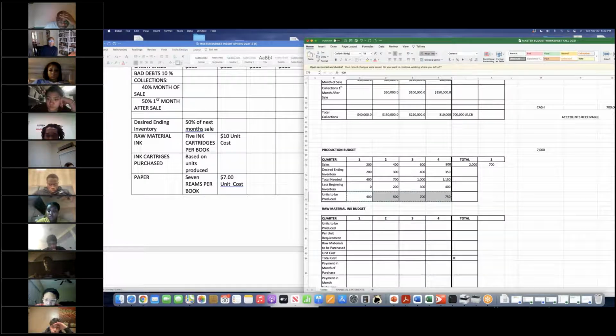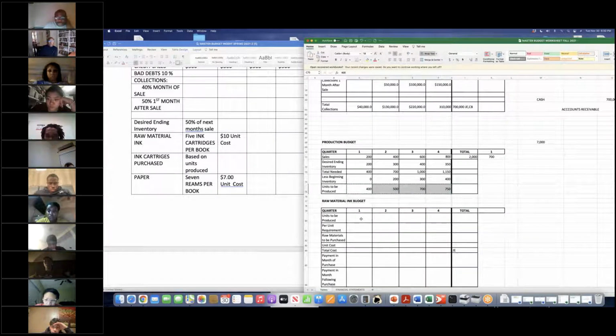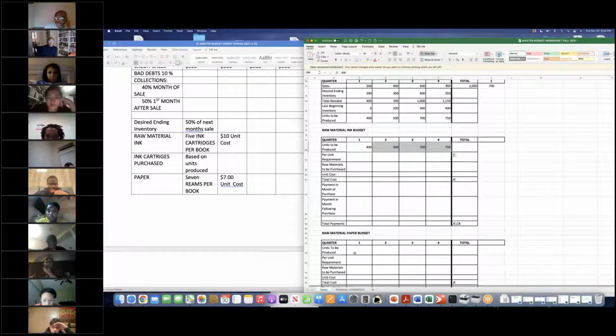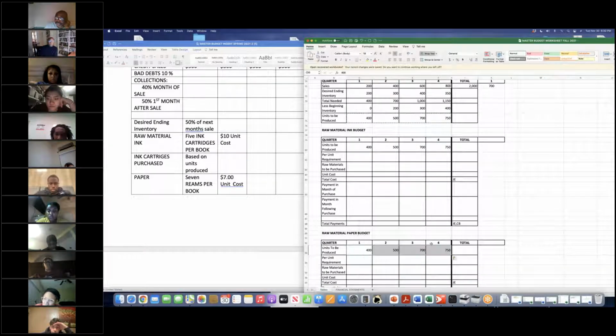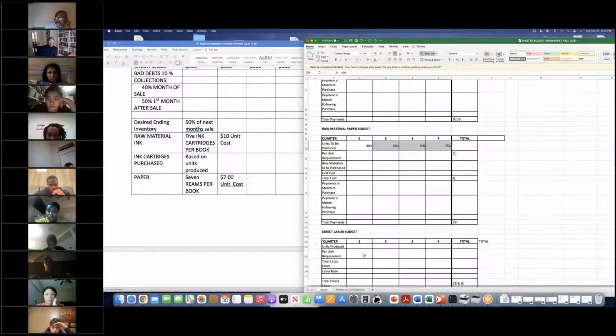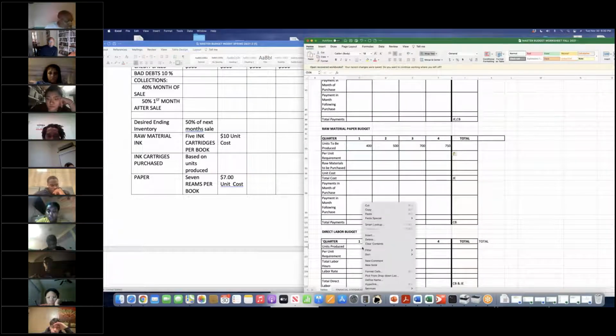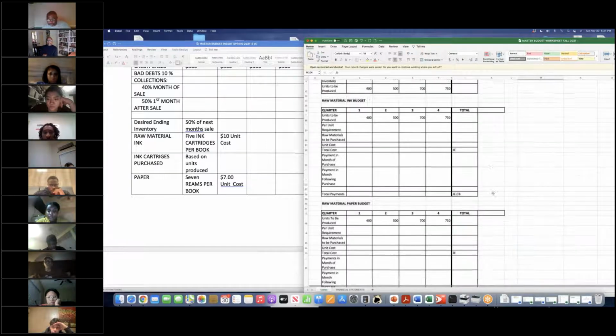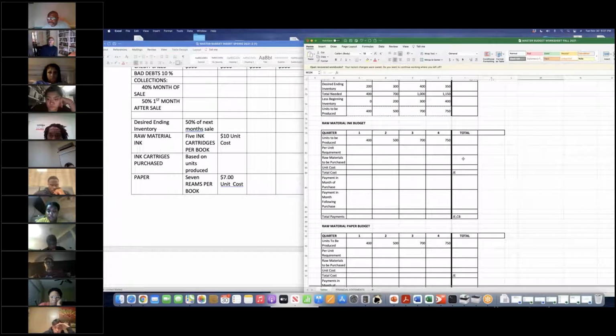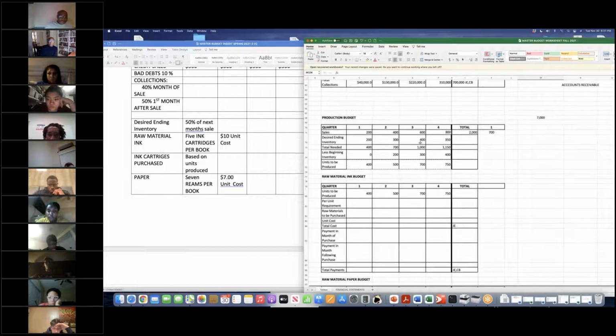I'm gonna copy it. I'm gonna put that on raw materials, ink. I'm gonna put it on raw materials, paper. And I'm gonna put it on the direct labor budget. So once I come up with how many I gotta make, and since it's going on 3 budgets, it'll be a good thing to have it right.